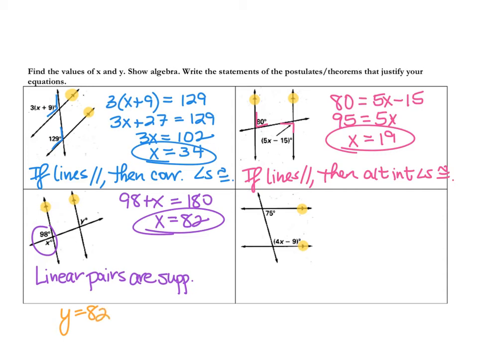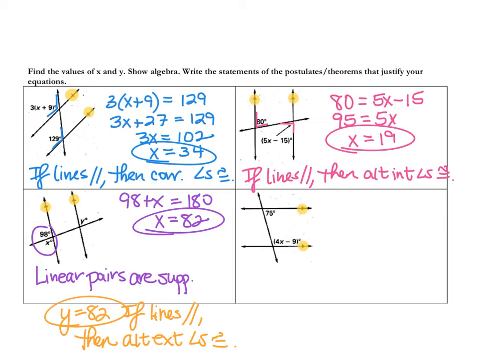If lines are parallel, then alternate exterior angles are congruent. You could also use, for example, that 98 and y add to 180 because they're consecutive exterior and they're supplementary. So whichever way you want to do it is fine.